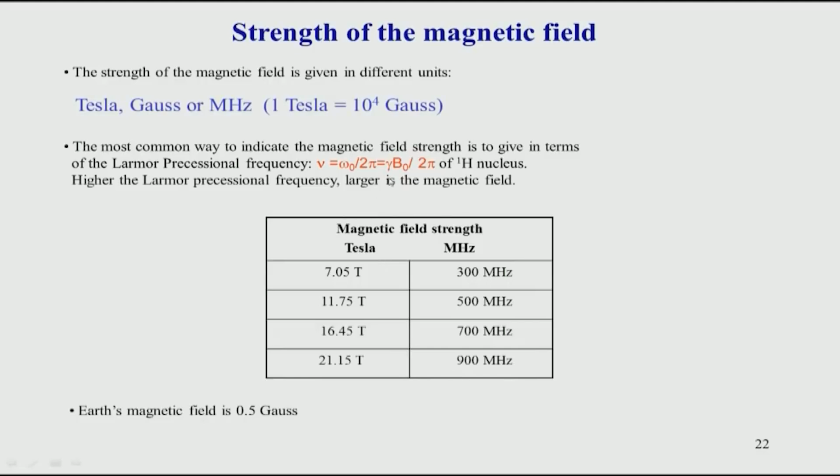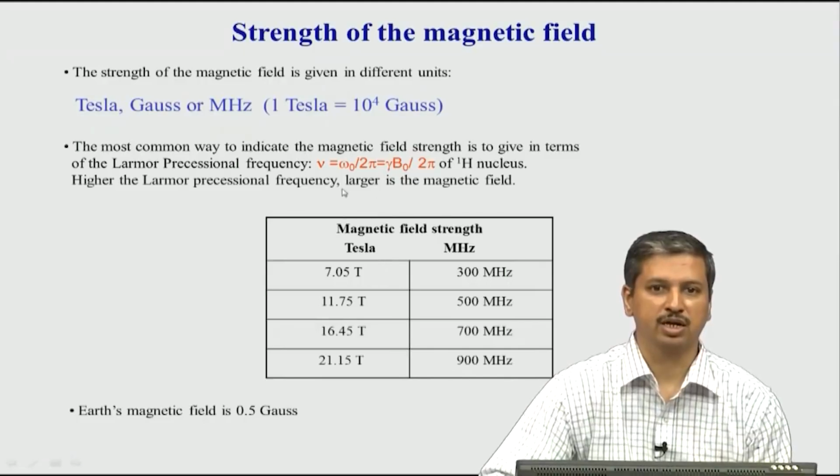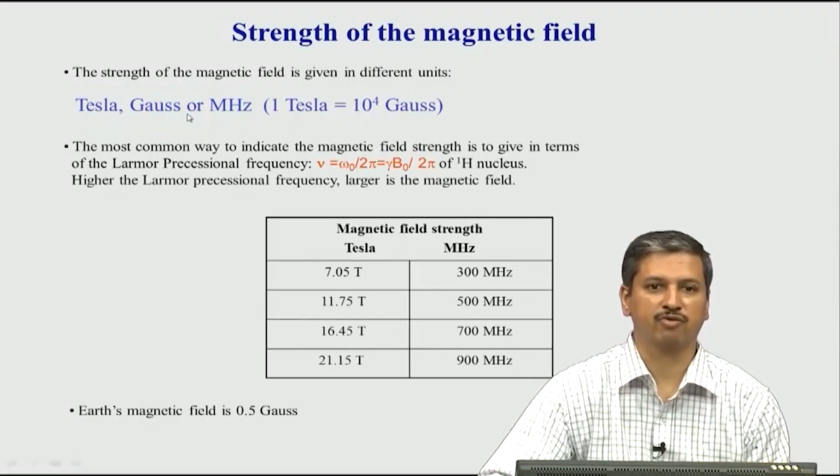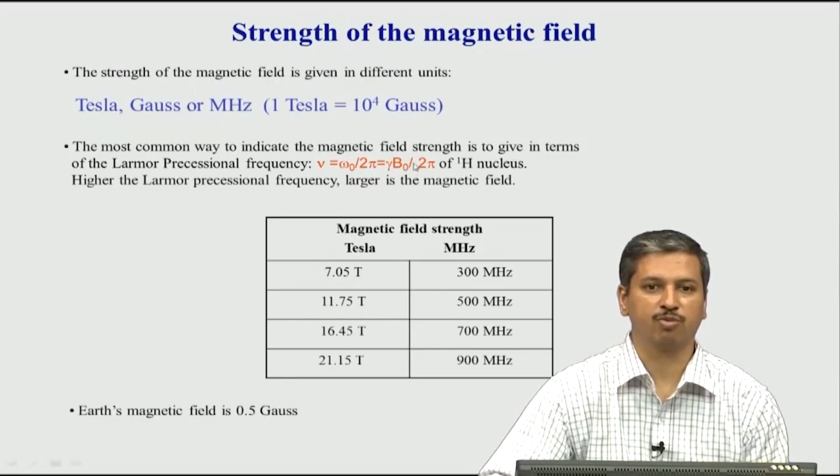This is what I showed in the previous slide: the frequency at which the nucleus precesses around the magnetic field is given by nu equal to gamma B0 by 2 pi. Here, B0 is measured in units of Tesla, or it can be in units of Gauss.